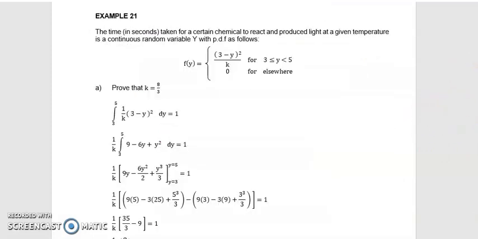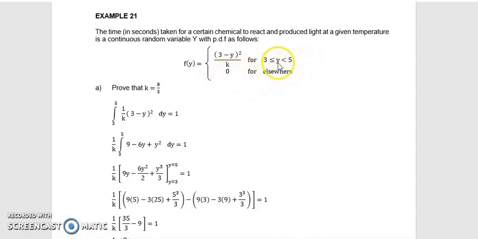Okay, now let's look at this example. The time in seconds taken for a certain chemical to react and produce light at a given temperature is a continuous random variable Y with the probability density function as follows. So f(y) equals (3 minus y) squared over k, for y greater than or equal to 3 but less than 5, and elsewhere the probability is 0.